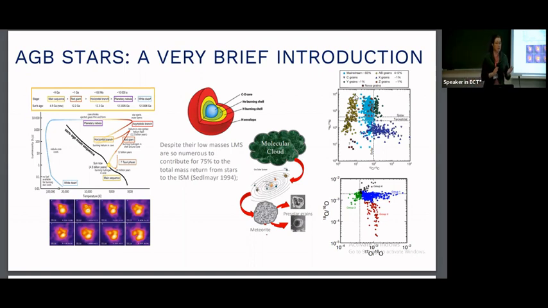In the first case, they do not undergo a large number of third dredge-up episodes, so the envelope is never enriched in carbon. In the second case, the carbon in the envelope is destroyed by the high temperature at the bottom of the envelope itself. In any case, AGB stars are dusty stars.